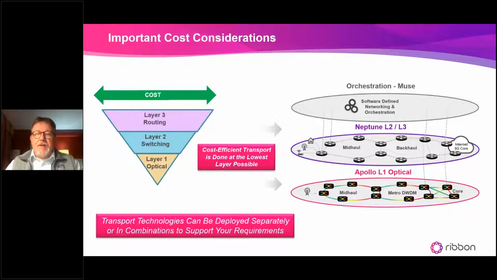We don't want to give up capabilities if we need them, but we certainly want to keep those costs in mind. And then what you'll see here is that it is very common to put a DWDM or an optical transport layer in as your foundational layer, and then to run switching and routing across that optical layer.